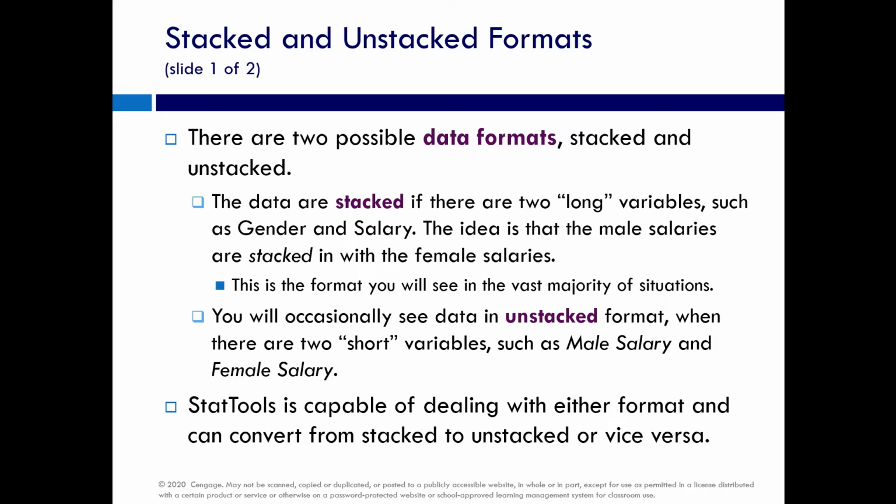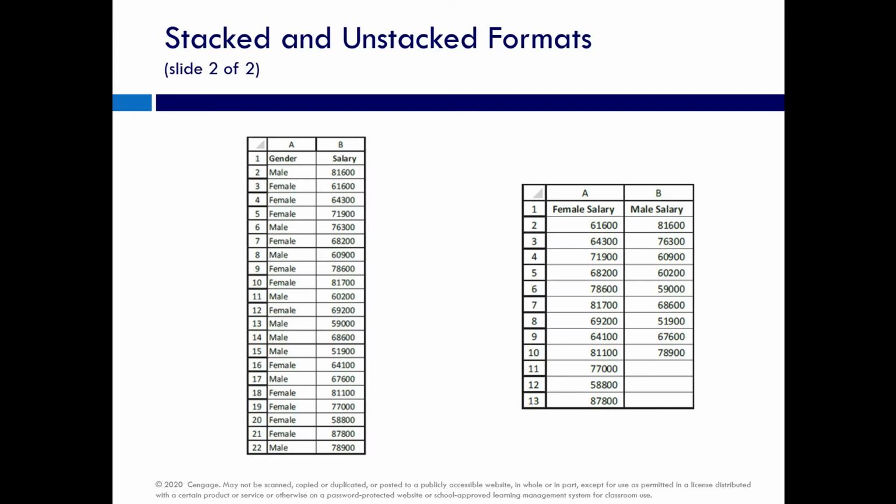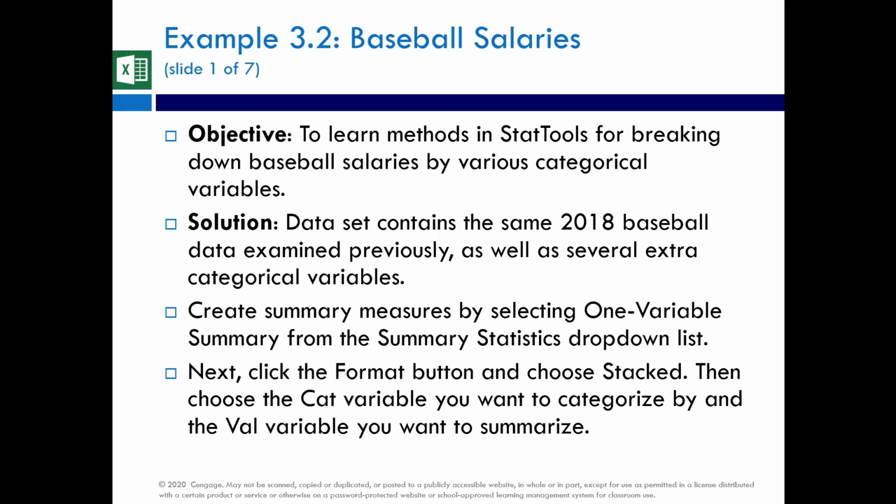StatTools is capable of dealing with either format and can convert stacked to unstacked and vice versa. You can see that in stacked, everything is in one column, and in unstacked it's separated out by male and female.